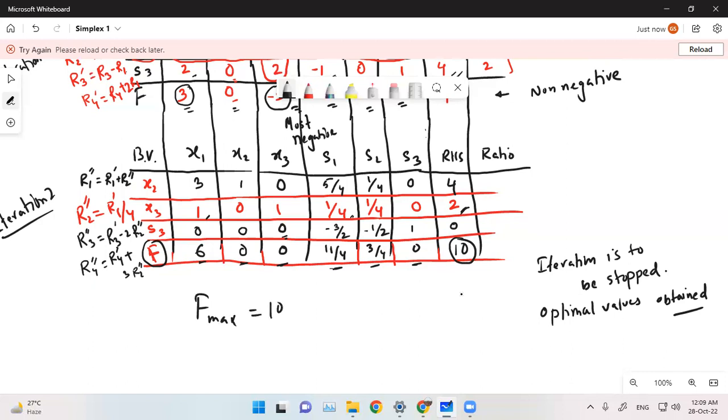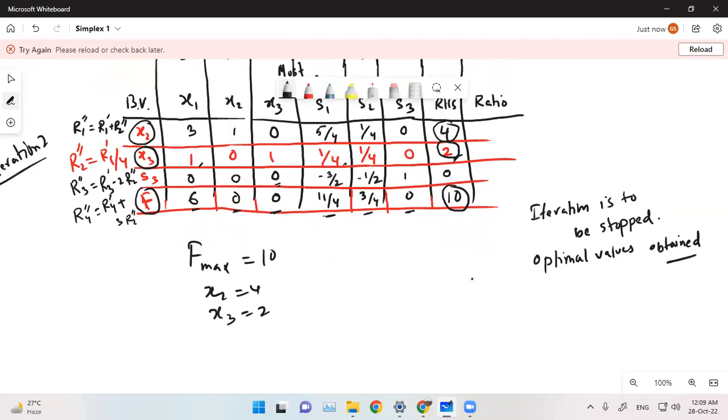What is the value of x2? x2 equal to 4. x3 equal to 2. But there is no x1, so it means that our value of x1 is basically 0. So these are our optimal values.